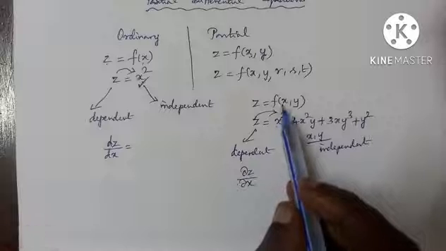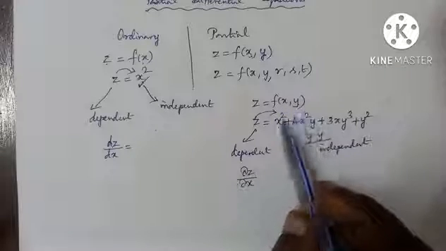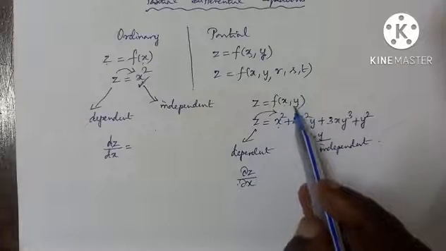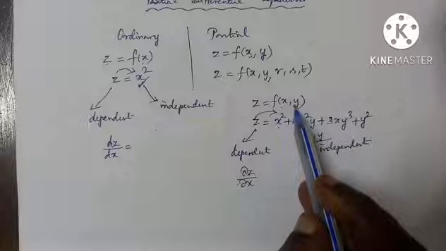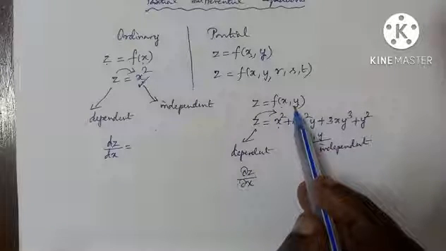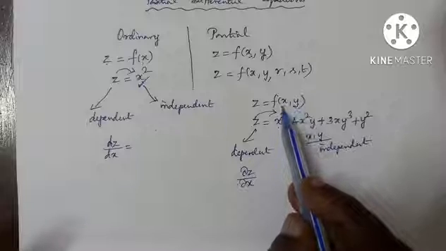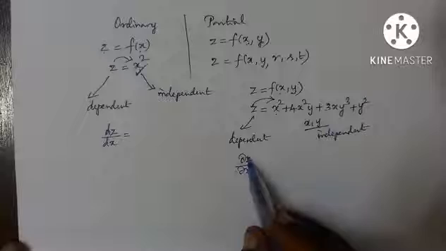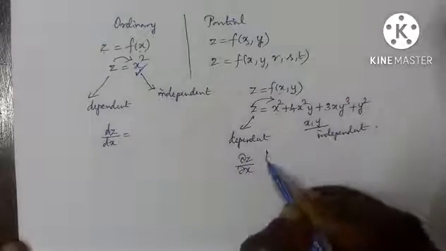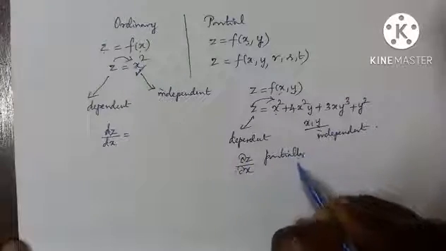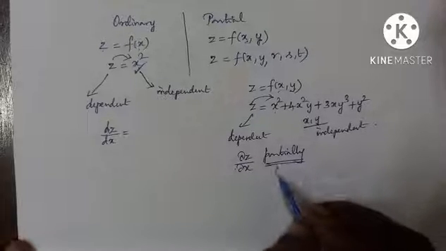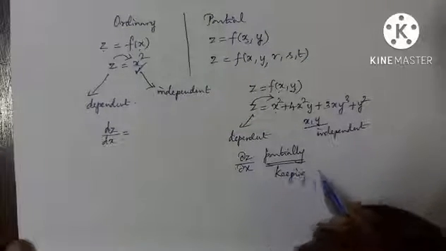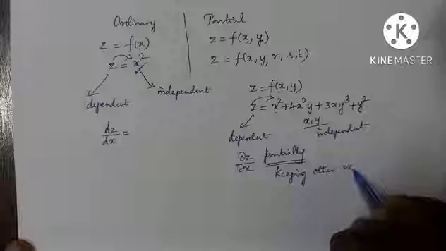Because, listen here, we have two independent variables. When you differentiate with respect to x, y becomes constant. So keeping y constant, differentiate with respect to x, which is partial differentiation. Differentiate z with respect to x partially. The word partially is for keeping other variables constant.